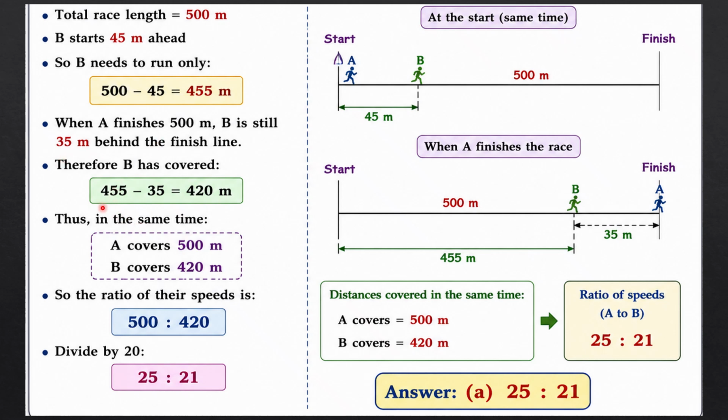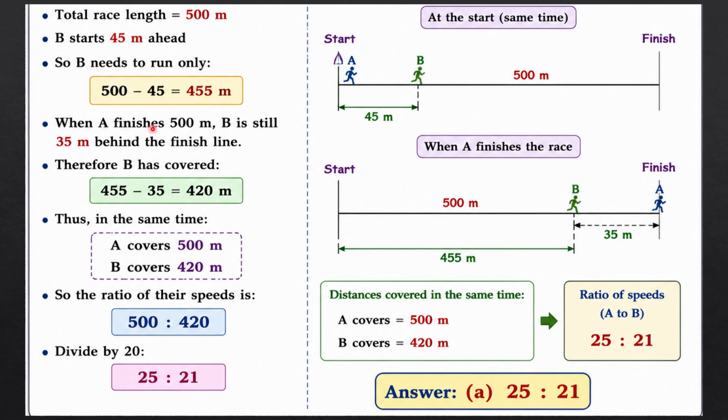So again we will subtract 35 from 455 and we will get 420 meter, right? So A covers 500 meter and B covers 420 meter. In our previous slide we saw the very important concept that speed ratio is proportional to distance. So we'll find their speed ratio same as distance ratio. So 500 to 420. So this is finally 25 to 21. This is our final answer.